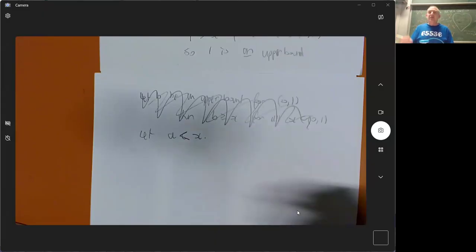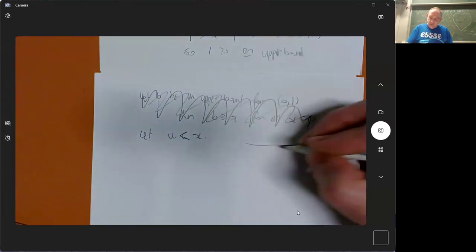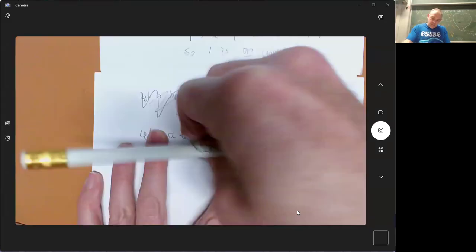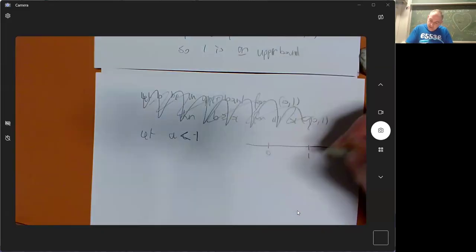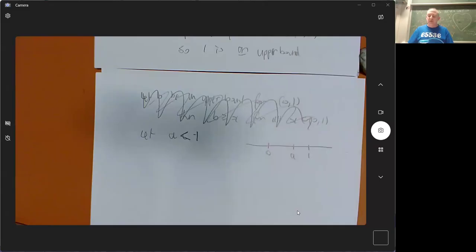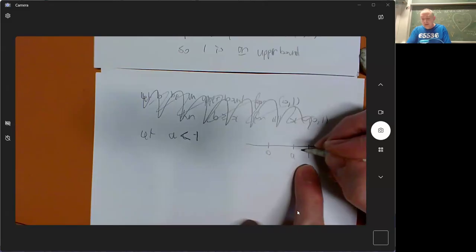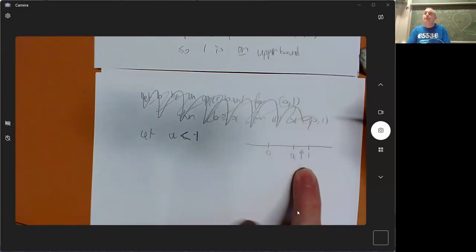I'm going to draw a picture of this. Here is 0, and here's 1, and let A be less than 1. A is in here, in the set from 0 to 1. And there is something in this set that is more than it, everything in this gap.